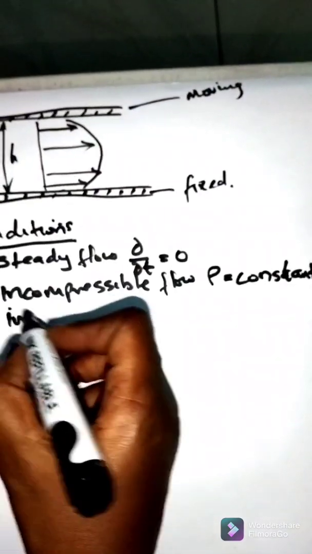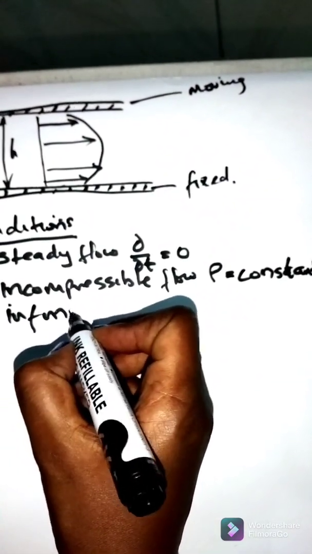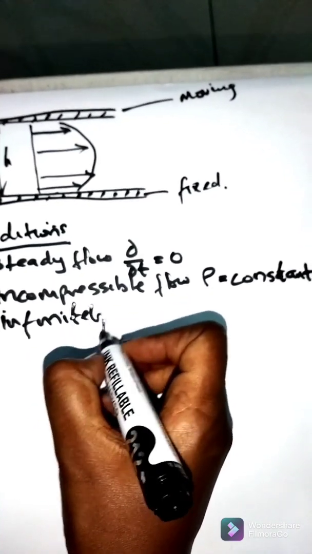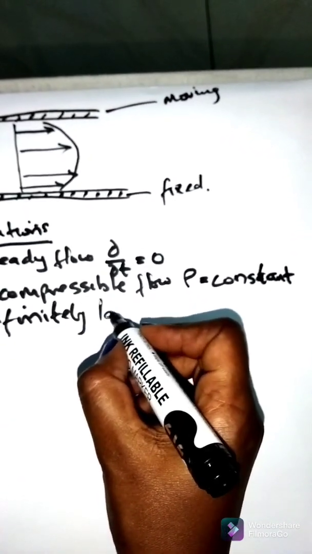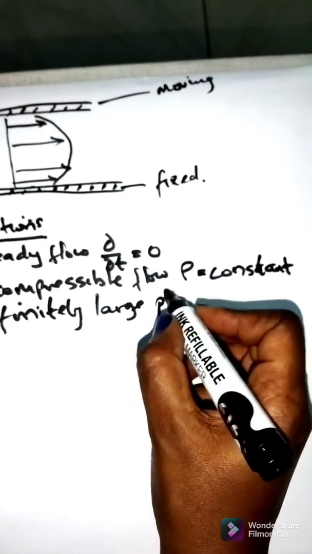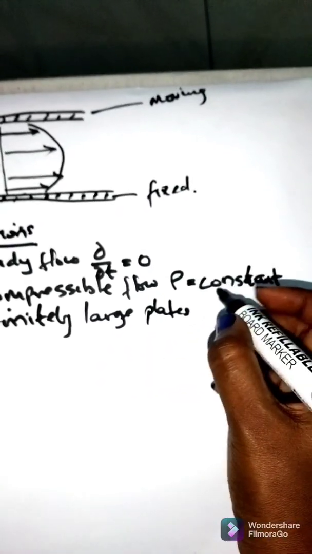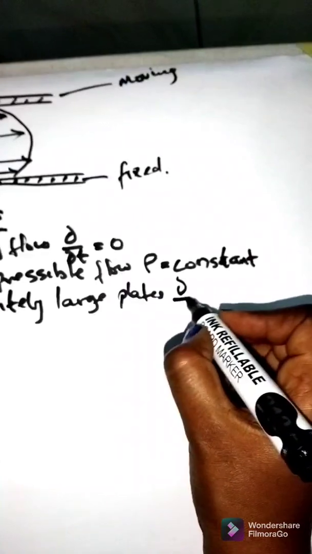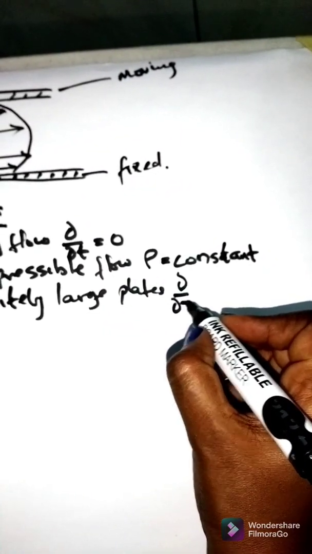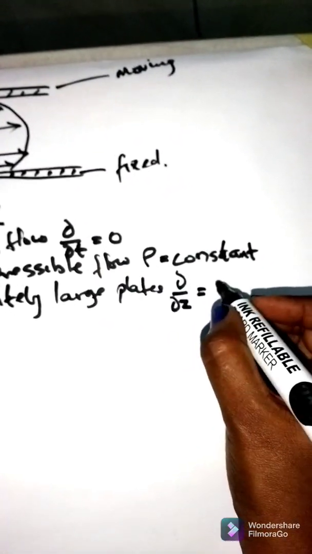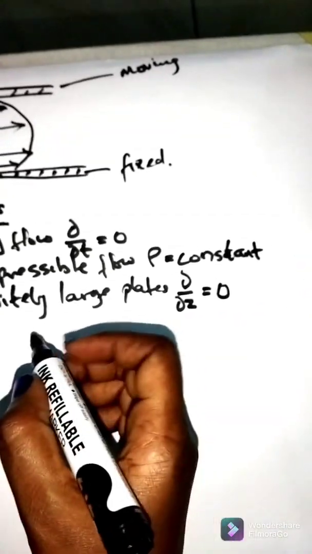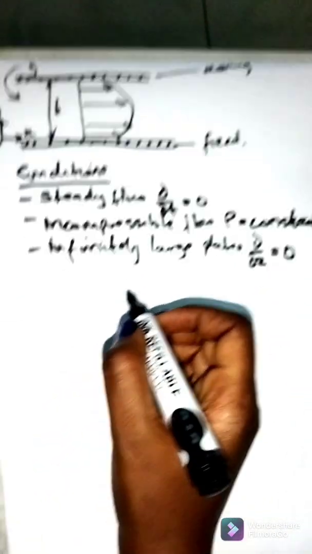For infinitely large plates, the partial derivative in the direction of z is 0.